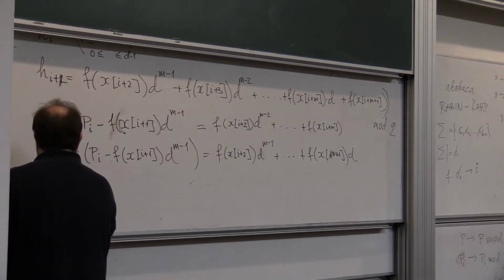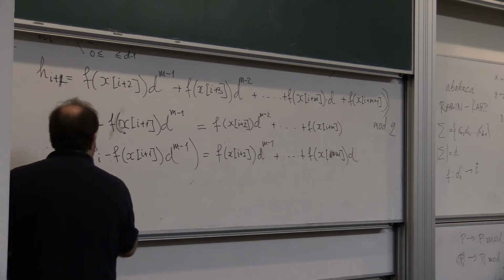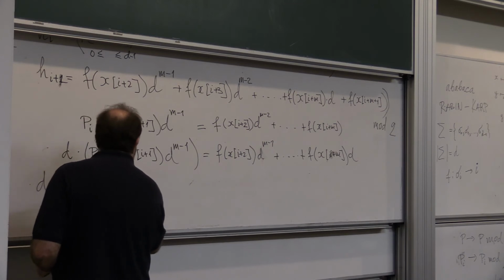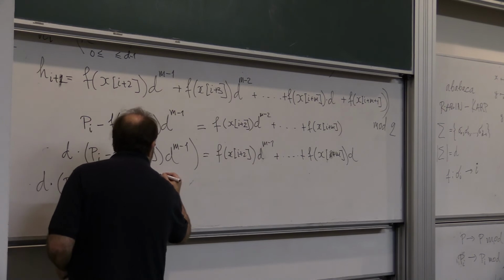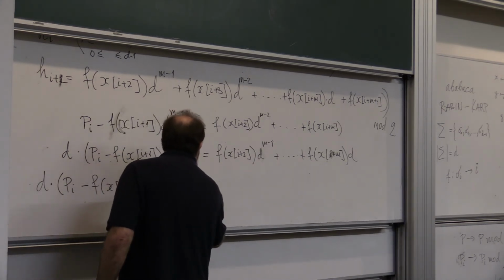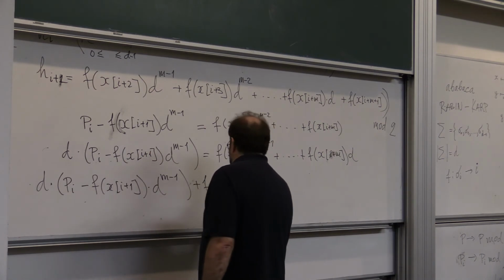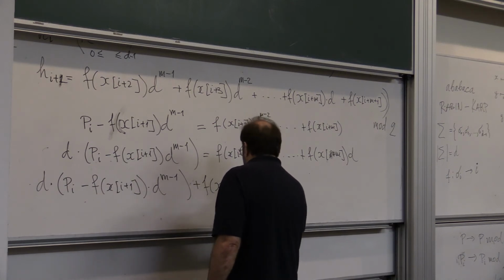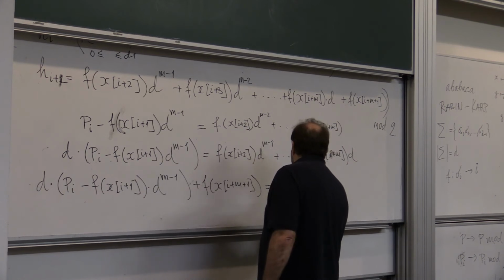Exactly. So this means that d times p i minus f of x I plus 1 times d to the m minus 1, plus f of x I plus m plus 1, this quantity will be precisely my value p i plus 1.